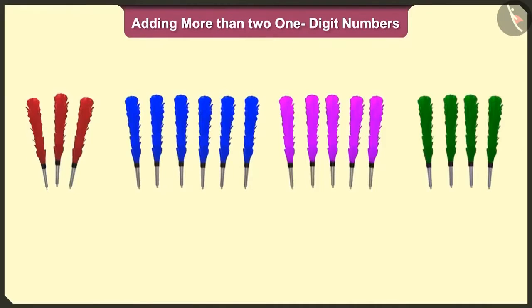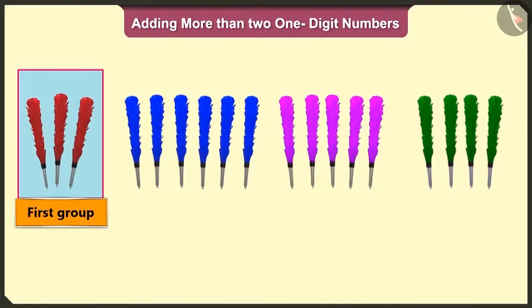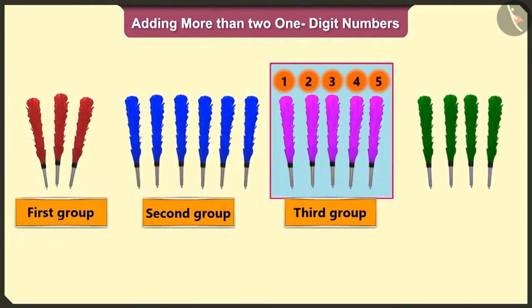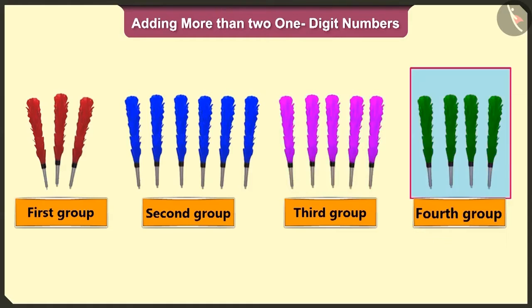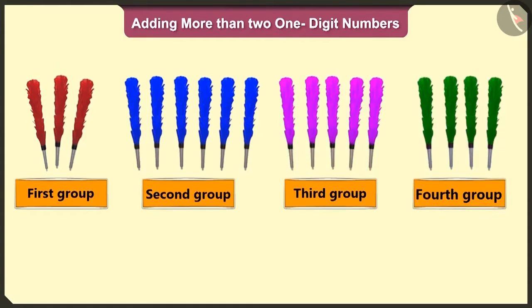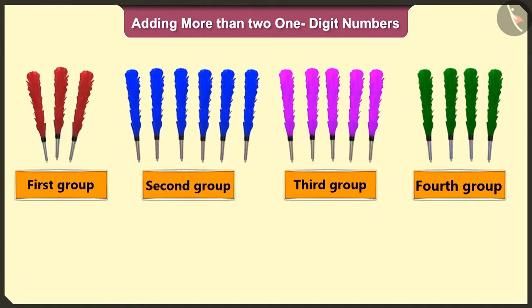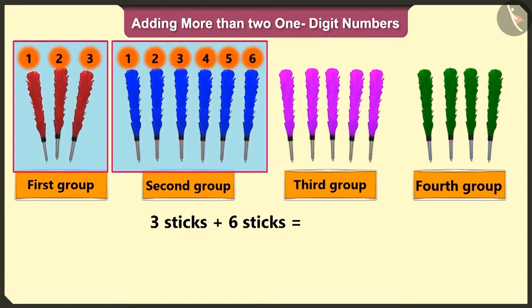See, Pillu, this magician has 3 sticks in the first group, 6 in the second, 5 in the third, and 4 in the fourth group. So now can you tell me the total number of sticks the magician has? Let us add 3 and 6 sticks and count after 3: 4, 5, 6, 7, 8 and 9 sticks.